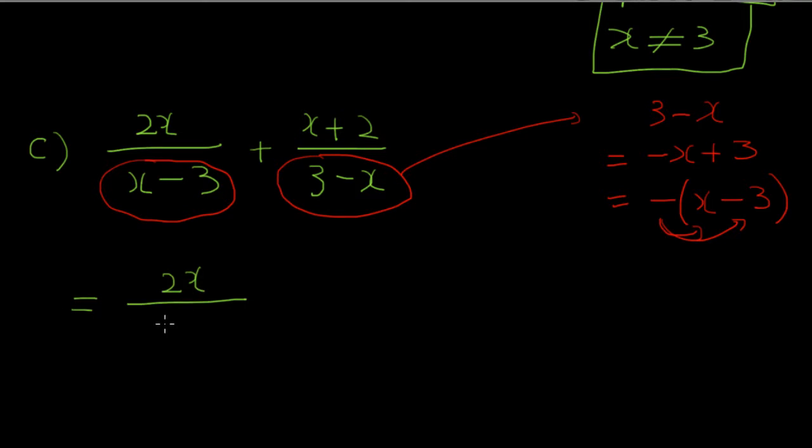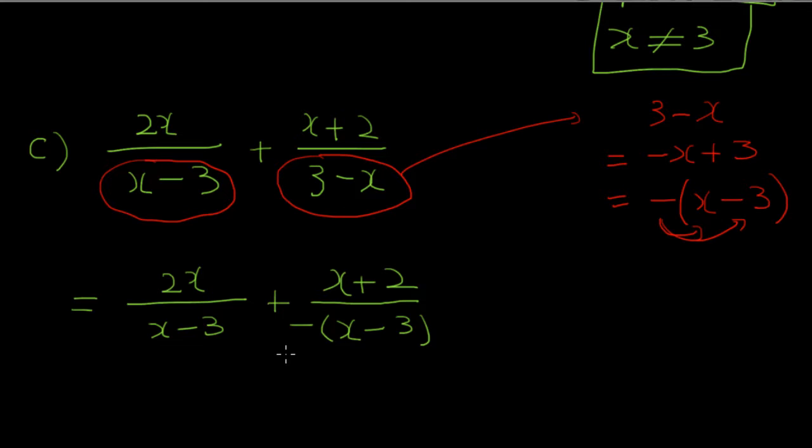The first term, we just write exactly the same. But the second is going to be rewritten as (x plus 2) over negative (x minus 3).